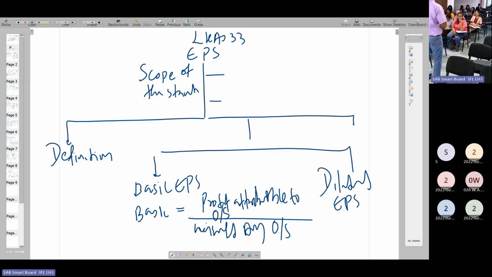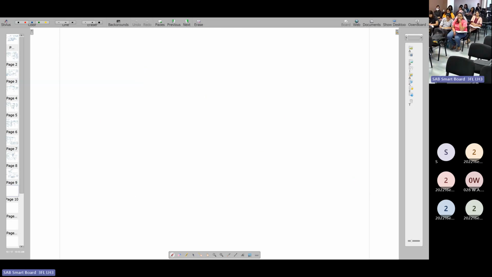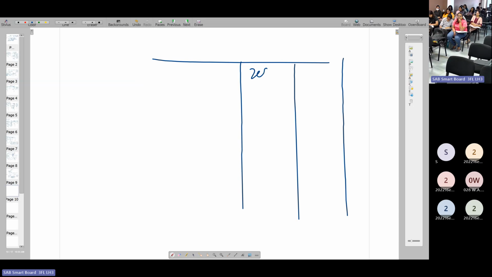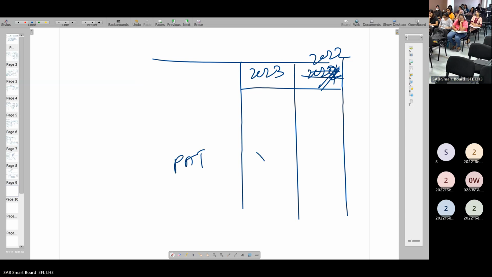If there is a new issue, let's say we are comparing financial statements of year 2023, year 2024, 2022, like in 2022, profit after tax.